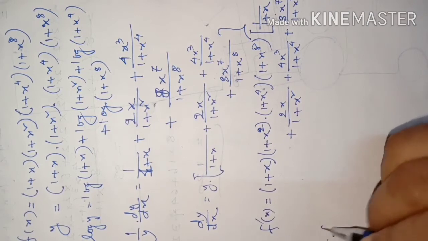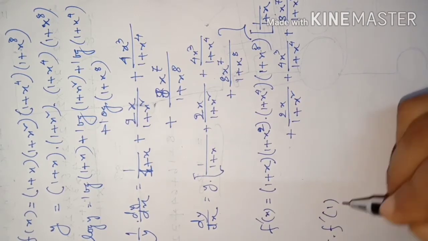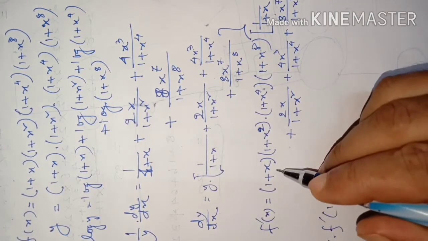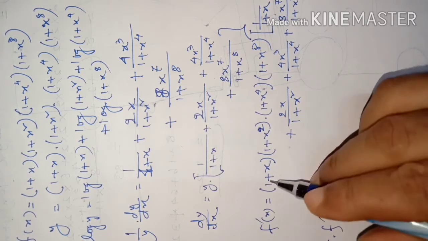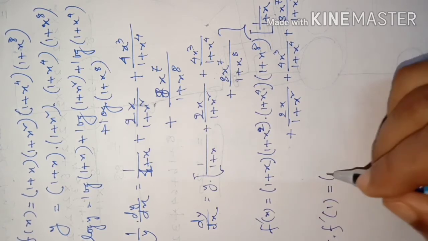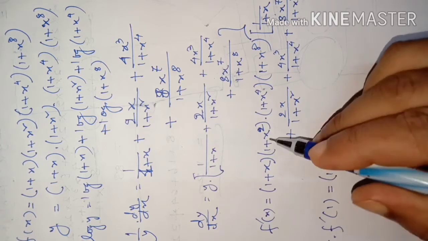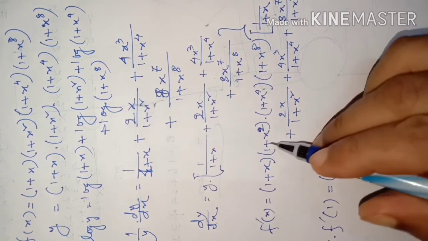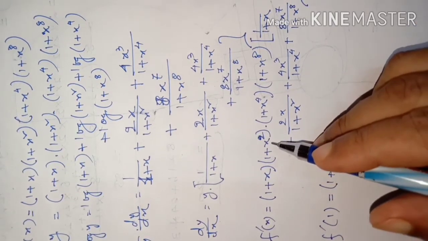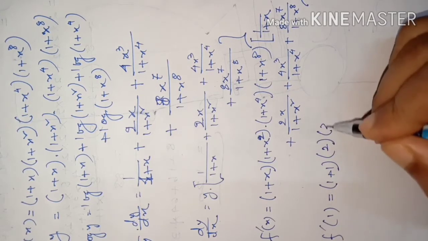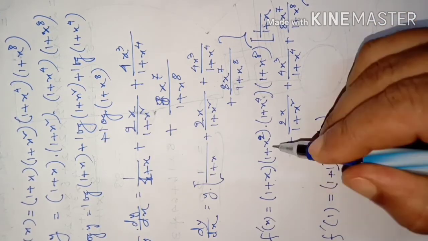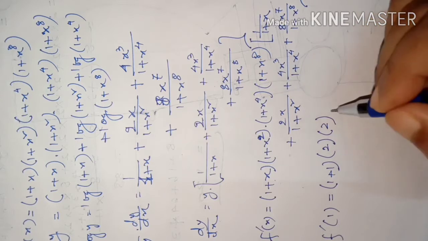Therefore f dash 1 will be equal to, in place of x you put 1 here, so 1 plus 1 it will be 2, 1 plus 1 square, that will be also 2 only, because 1 square is 1 only, so that is 2. So here will be 2, here will be 2, here will be 2, here will be also 2.